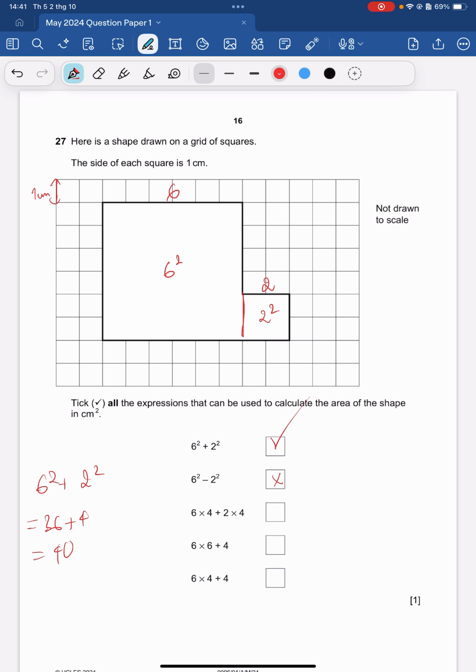Is that correct? 6 times 4 is 24 plus 8 is 32, right? Correct. And 6 times 4, 24 plus 4 is 28. It's not correct. It's only 2.